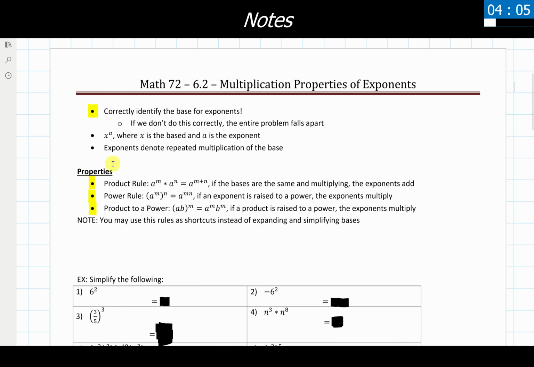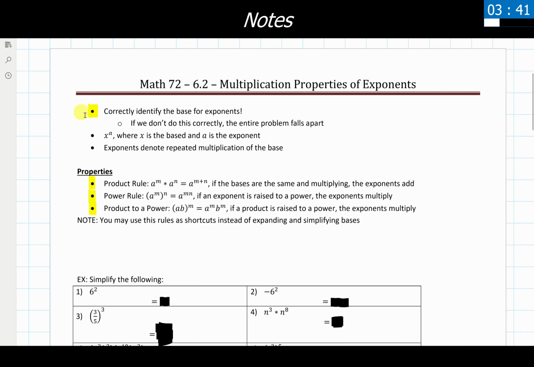Exponents also, as a generality, are a shortcut to denote repeated multiplication of the base. So this would be x times x times x, a many times. It could be 3 times, it could be 5 times, it could be 20 times, whatever that number may be. That's dependent on the exponent. So a quick refresher there on exponents and what those look like.